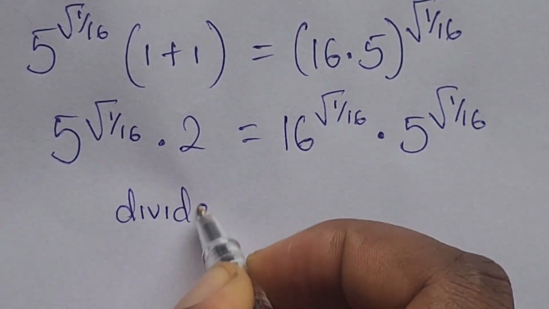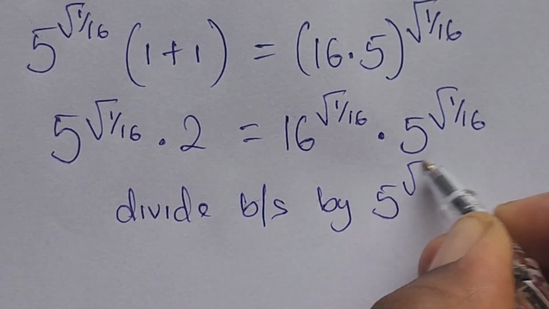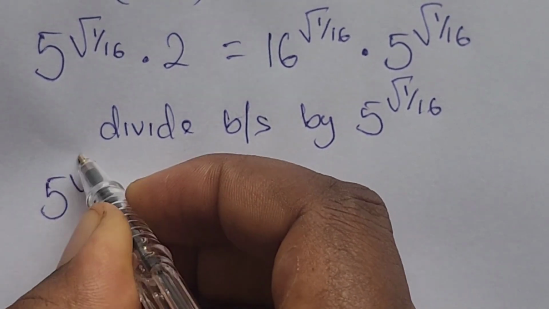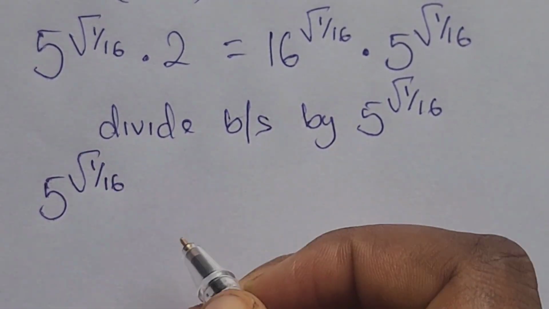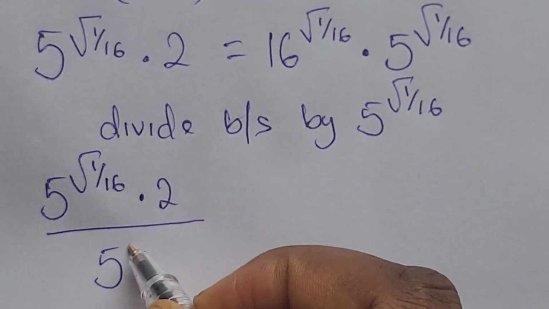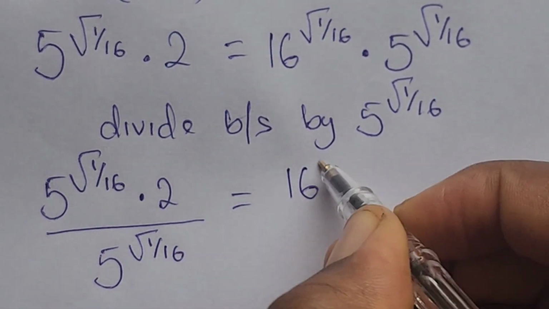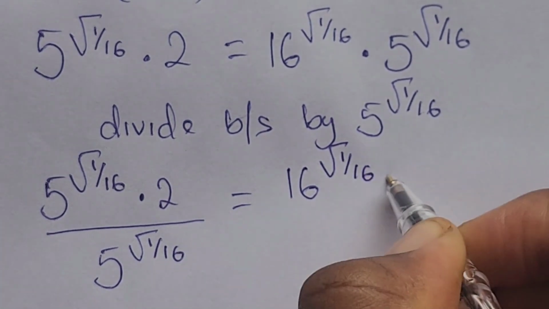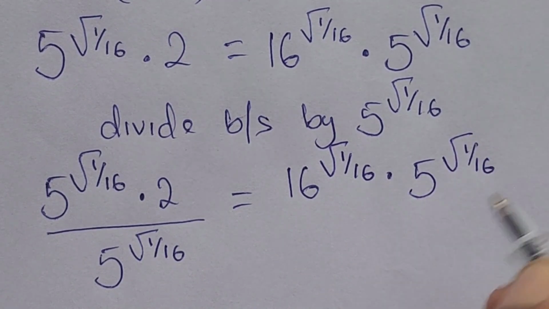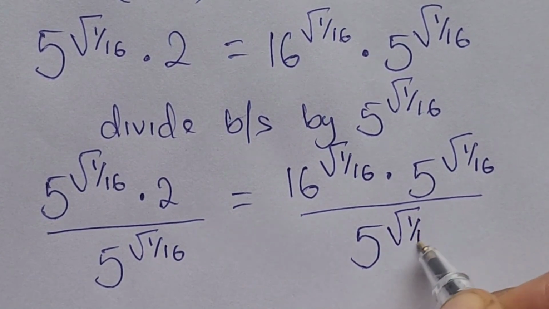So let's divide both sides by 5 to the power of root 1 over 16. We have 5 to the power of root 1 over 16 times 2 over 5 to the power of root 1 over 16 equal to 16 to the power of root 1 over 16 times 5 to the power of root 1 over 16, all over 5 to the power of root 1 over 16.